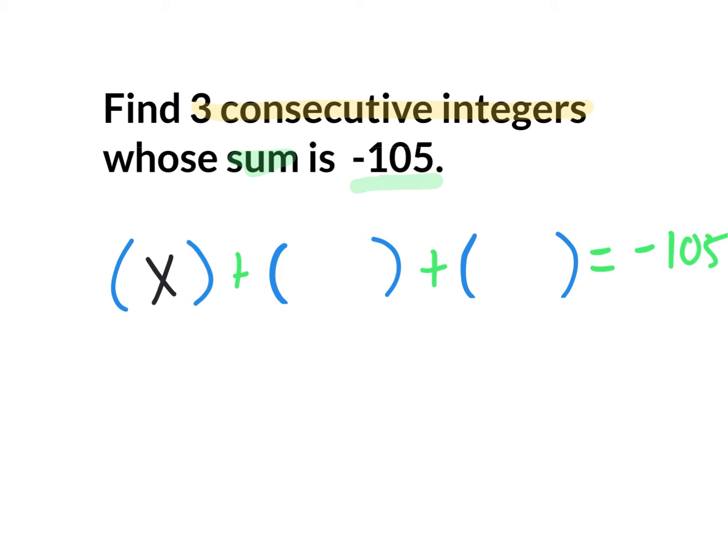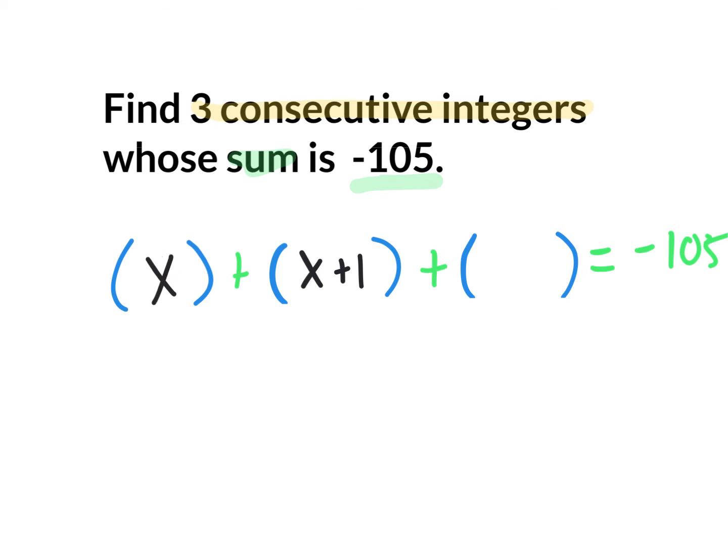Now, whatever this first number is, let's even say it could be positive 10, the next one's going to be 11. So the next one's actually going to be that same number x, but plus 1. And the next consecutive number, if this was 10, this is 11, this is 12.